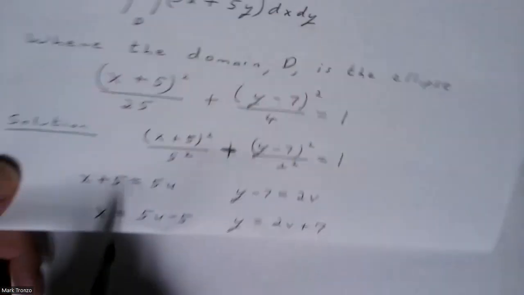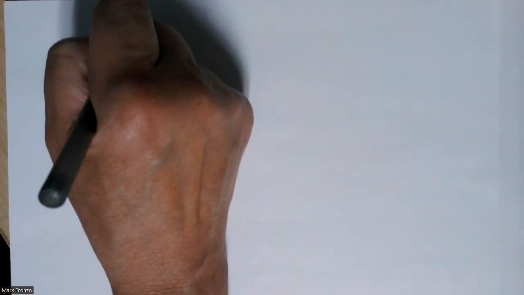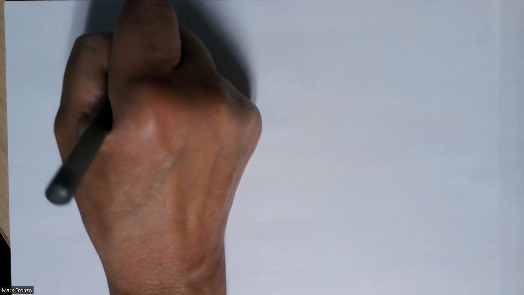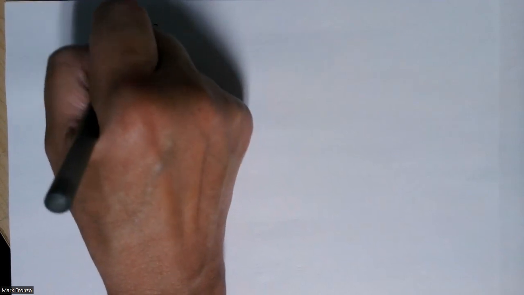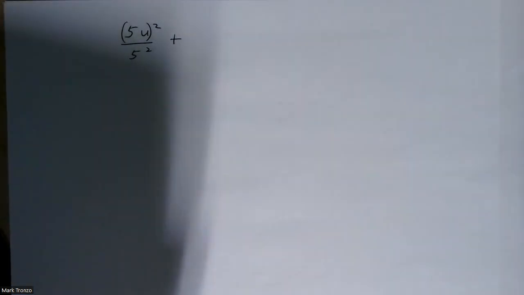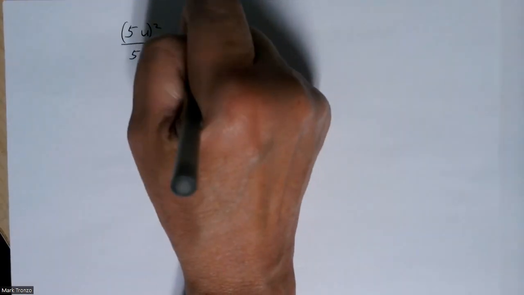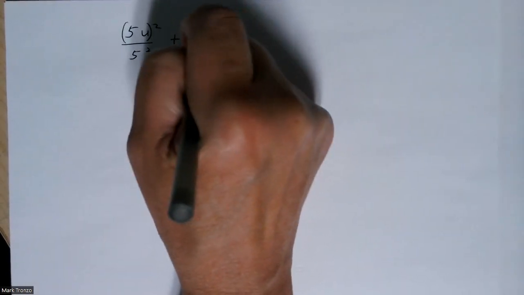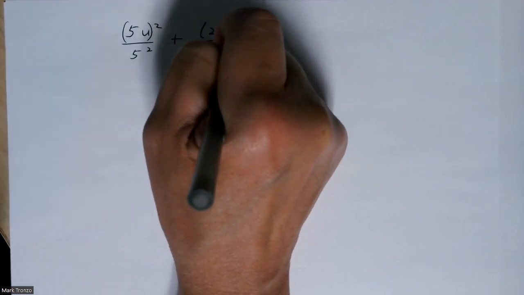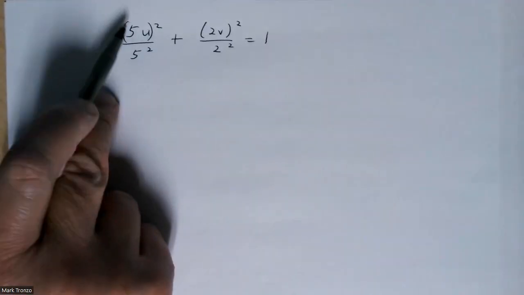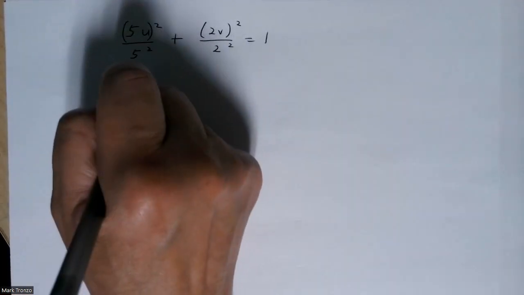So if we replace x plus 5 with 5u, that's going to be 5u squared divided by 5 squared, then plus, we'll replace y minus 7 with 2v, and that's over 2 squared. Once again, when we square these, they will cancel.